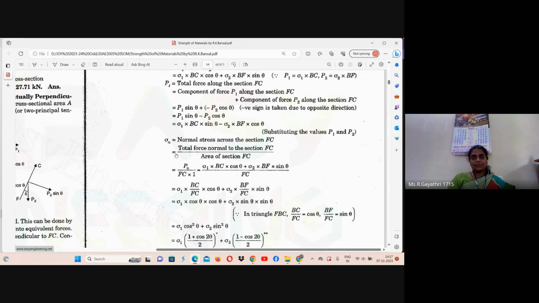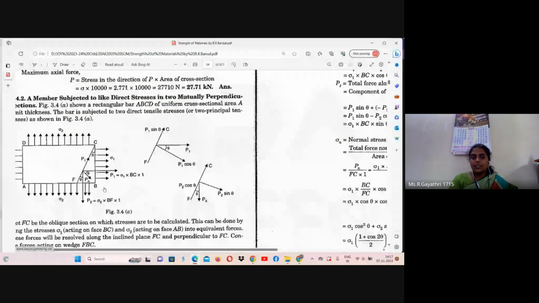Okay, next we need to find the total normal force component and total tangential force in terms of P1 and P2. After writing P1 and P2, we can change it into stress into area. For P1, we can consider sigma 1 into BC.